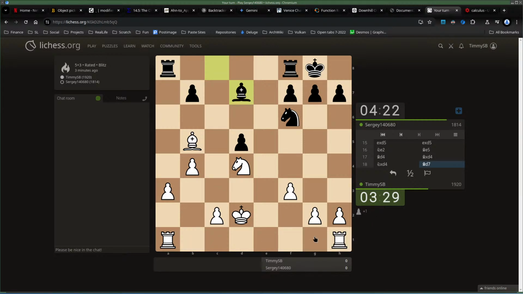It's equal material, but I have the feeling I'm +8 or something. Seriously. Exchange. Yeah, my knight is not doing anything there, is it? Just take it. Is that one pawn enough? I think so. There's also two isolated pawns.